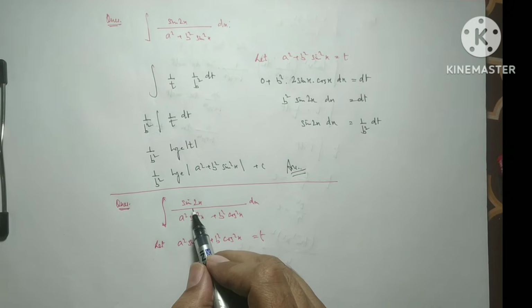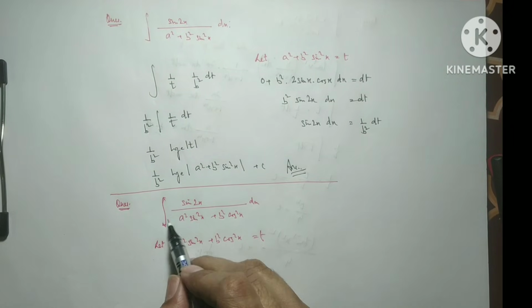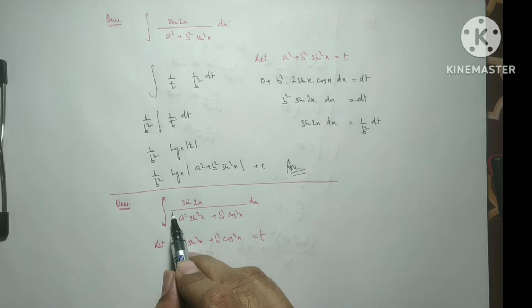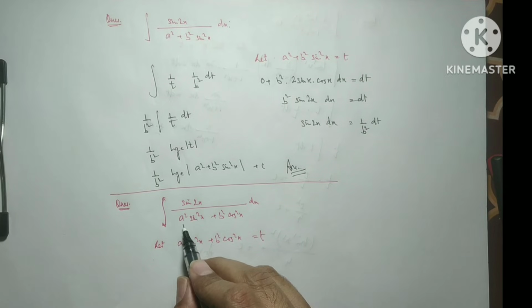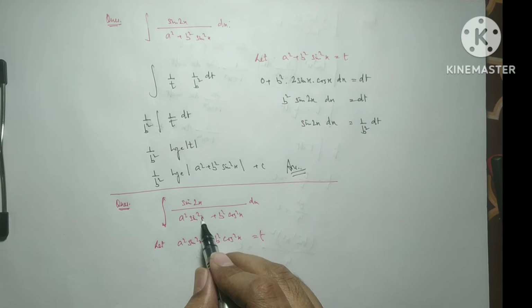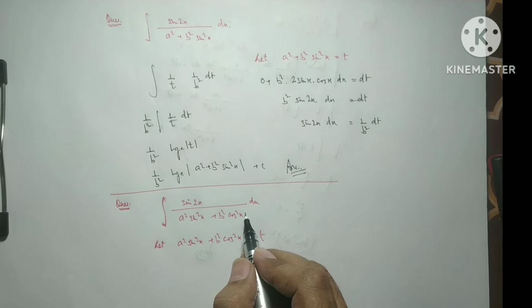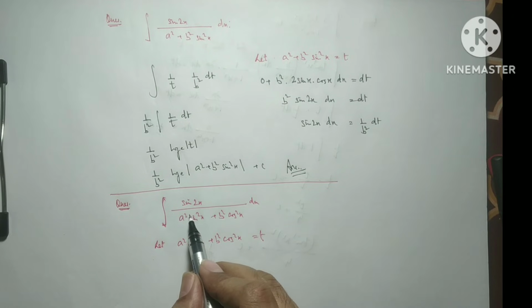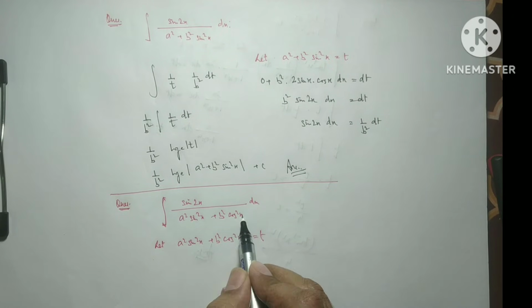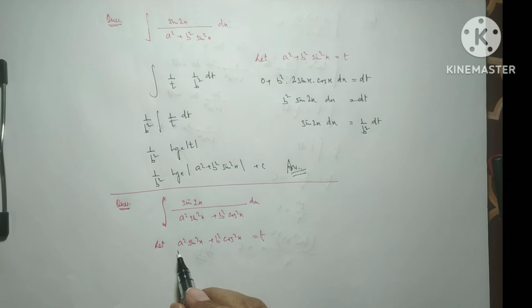So the next question is integrate sin 2x divided by a square sin square x plus b square cos square x. Right, now we substitute this denominator as t. So a square sin square x plus b square cos square x is t.